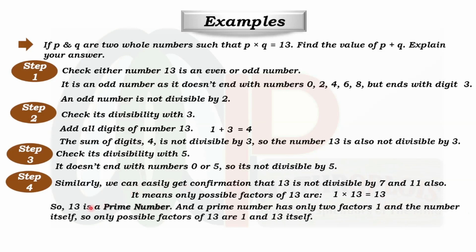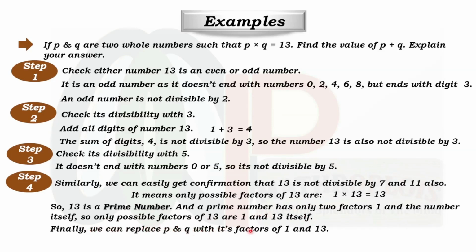So, 13 is a prime number. And a prime number has only two factors, 1 and the number itself, 13. As it has been confirmed here that 13 has only two possible factors, 1 and 13.